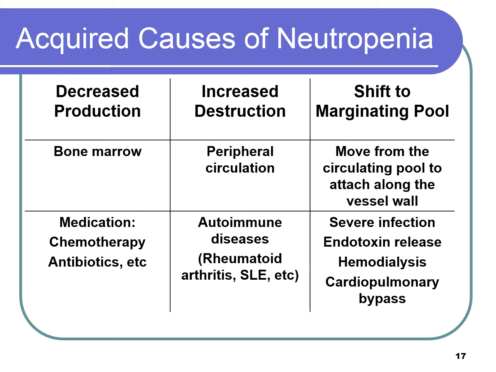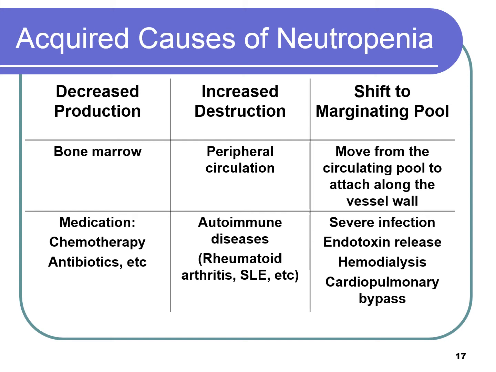Increased destruction is when the proliferation and maturation stages are within the normal pathway, but certain things attack the neutrophils in the peripheral circulation and cause destruction of these cells, especially in autoimmune diseases like rheumatoid arthritis, systemic lupus, and all similar conditions.